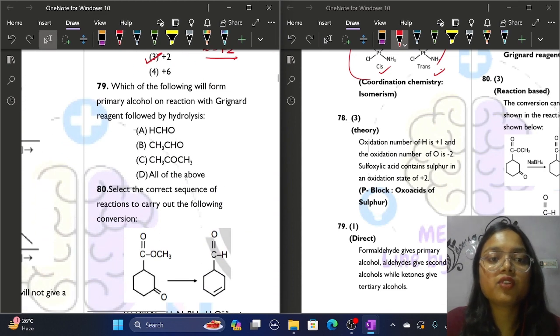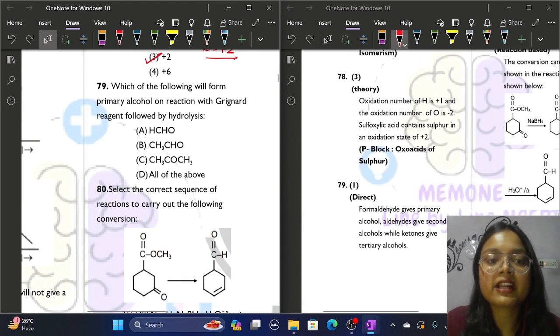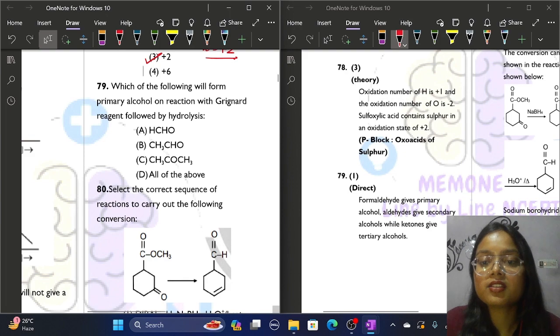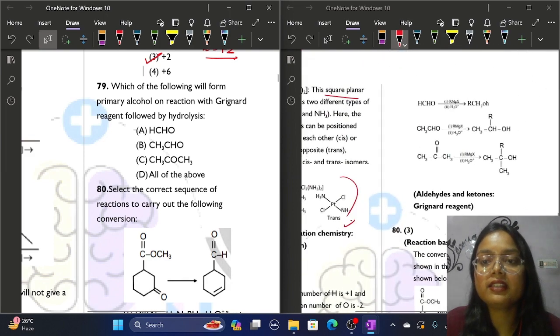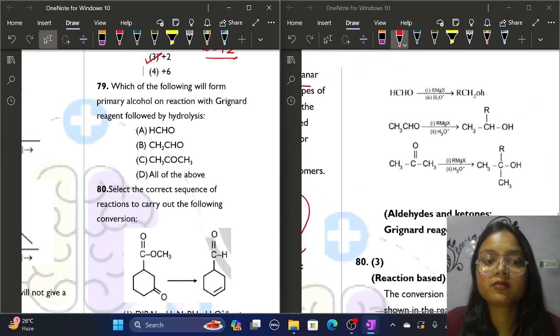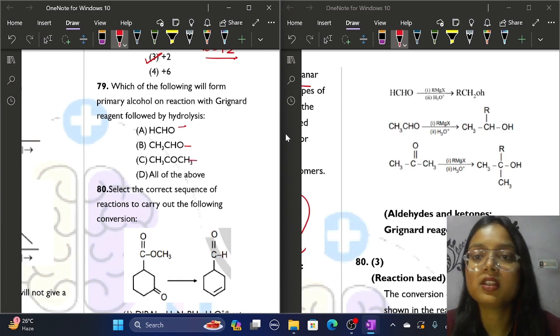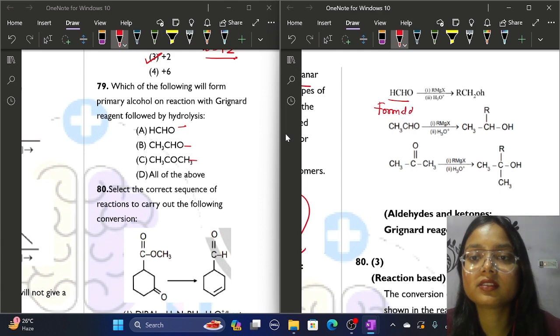Next is question number 79: which of the following will form a primary alcohol on reaction with Grignard reagent followed by hydrolysis? This is formaldehyde, option B is acetaldehyde, and this is acetone. Formaldehyde on reaction with Grignard's reagent forms this type of structure with OH.